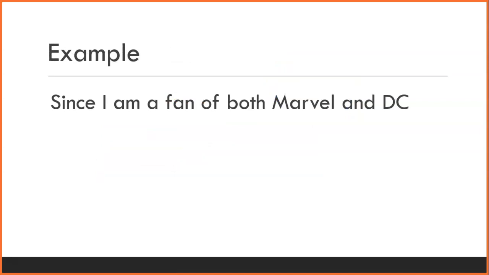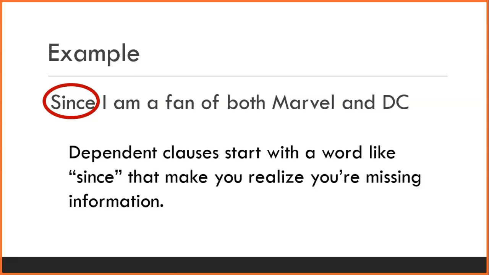Since I am a fan of both Marvel and DC, I am the person. What do? I am a fan of both Marvel and DC, but what happens since I'm a fan of both Marvel and DC? We're giving it as a reason, but a reason for what? That "since" changes the sentence.